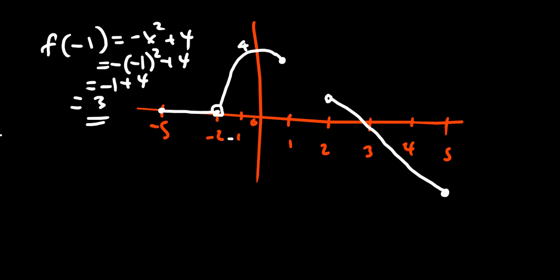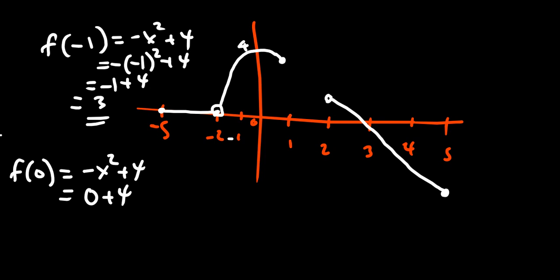Then the next one is f of 0. So f of 0 also is defined by the same quadratic function, negative x squared plus 4. We replace x with 0, then we just have 0 plus 4, so that gives us 4.